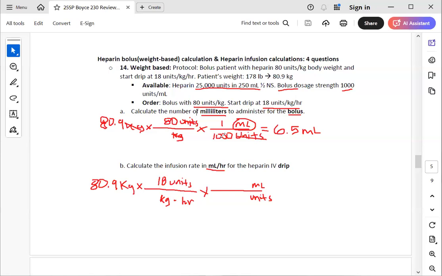It would be fine if it was the same ratio or relationship, but it is not. So you would want to use your other available, which is the 25,000 units in 250 milliliter half normal saline. So instead of 1, you're going to have 250 here. And then instead of 1,000, you actually are going to have 25,000.